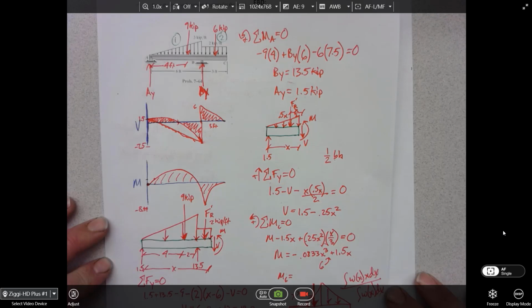Because it's the area of a triangle, which is 1/2 base times height. In this case, the base is x, the height is 0.5x. So let's solve this equation for V. We get V is equal to 1.5 minus, let's see, 0.5 divided by 2 is a quarter, so 0.25 x squared. Okay? So that should be the equation of this line here.